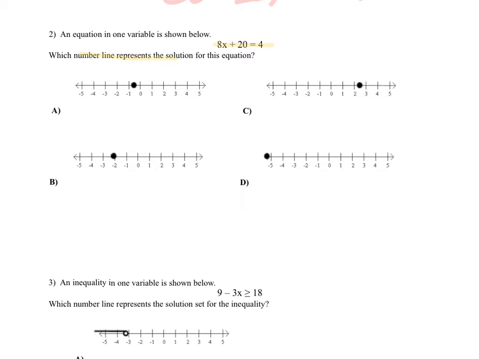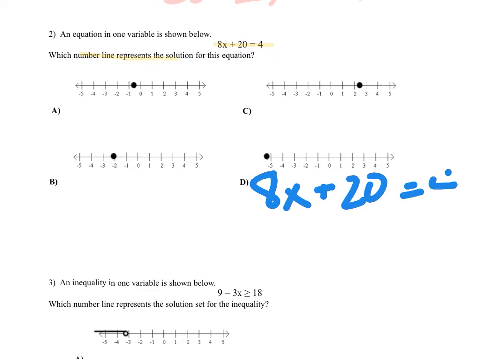Maybe that'll help. 8, no, that didn't help either. Here we are. Plus 20 equals 4.